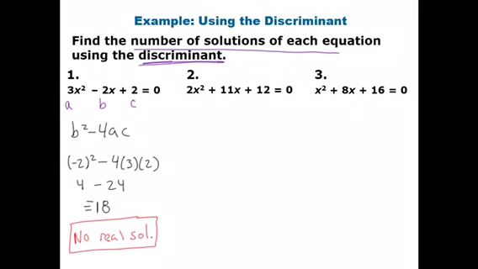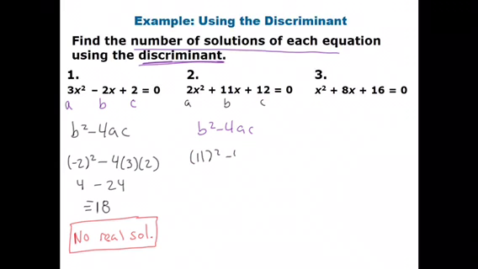All right, so let's look at the second one. We've got a, b, and c with 2x squared plus 11x plus 12. We want to plug this into the discriminant, which is b squared minus 4ac. So that means we've got 11 squared minus 4 times 2 times 12.